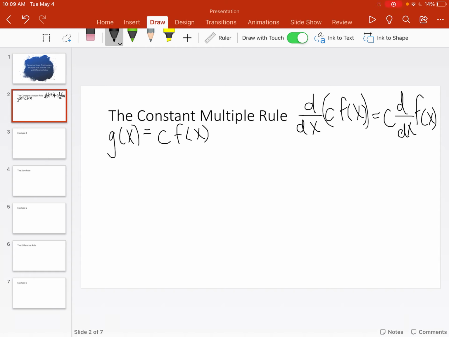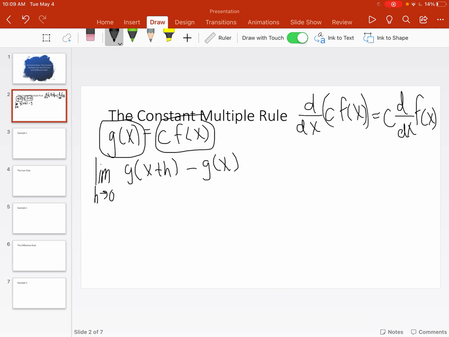So let's prove it using the limit definition of the derivative. Let's write down our definition, which is the limit as h approaches 0, and in this case we're going to use g of x, so g of x plus h minus g of x, all over h.